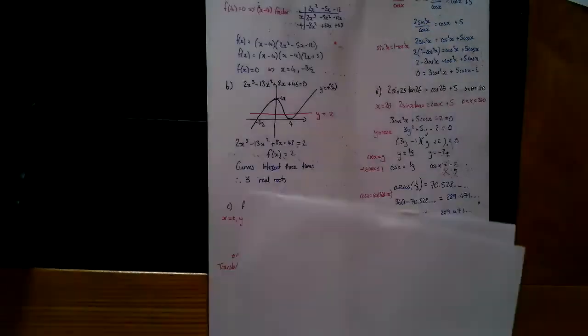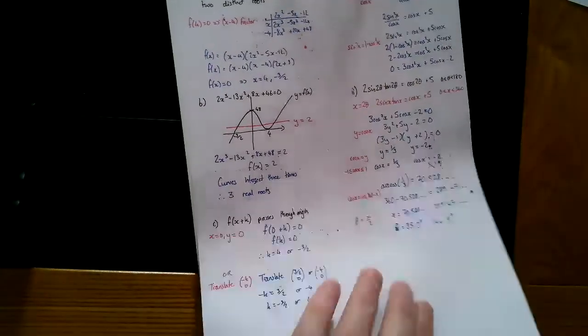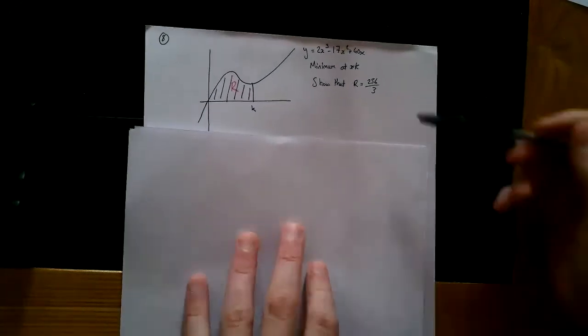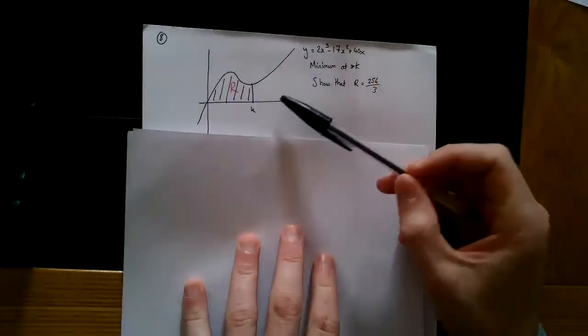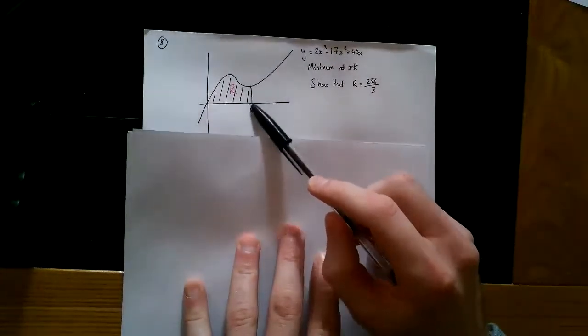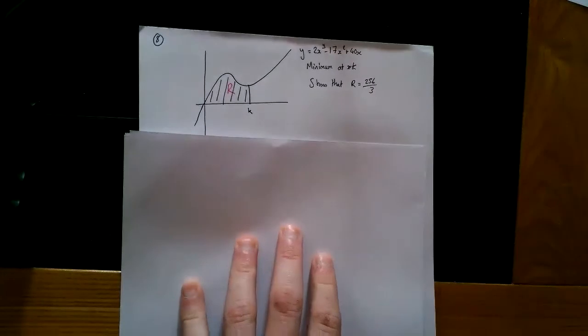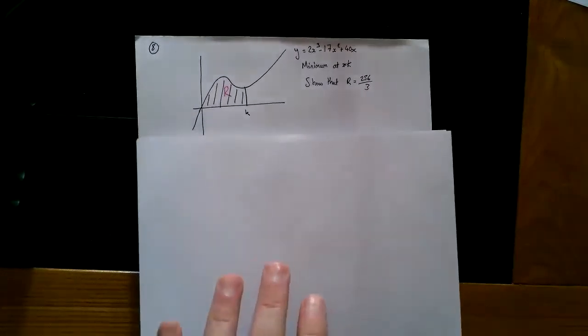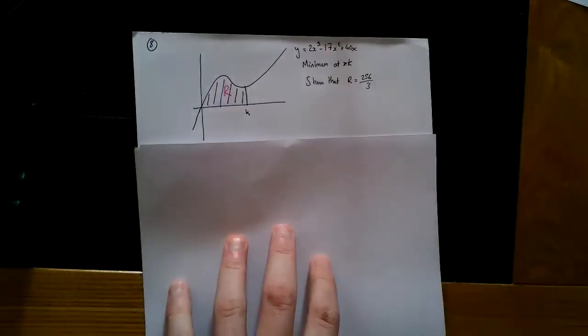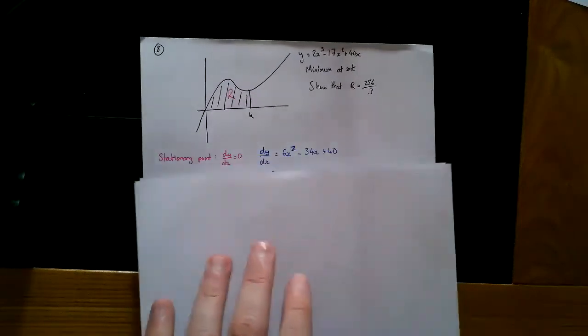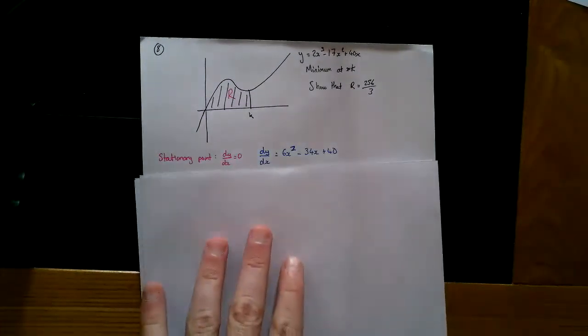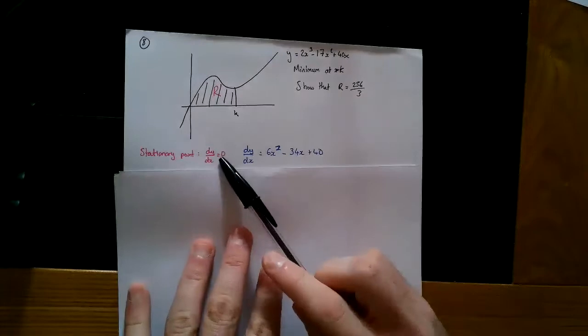And then the last one. We had this set up, we had this equation, we knew that there was a minimum here at k, and we wanted to show that the area was that. Well, straight away, as soon as it says minimum, you should realize that that means stationary point, and stationary point means dy by dx is 0.